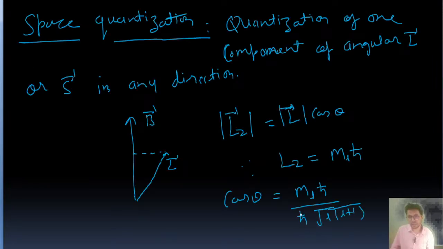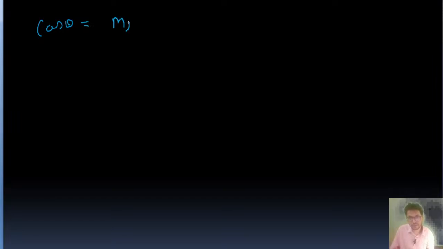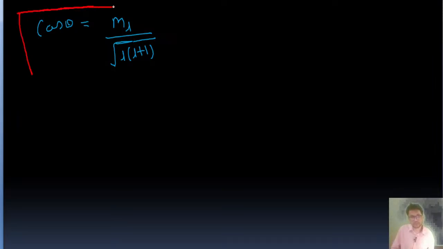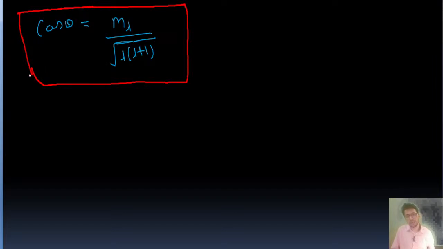So cos theta, h cut will get cancelled, is going to be ml upon root L into L plus 1. This is an important formula: cos theta equal ml upon root L into L plus 1.